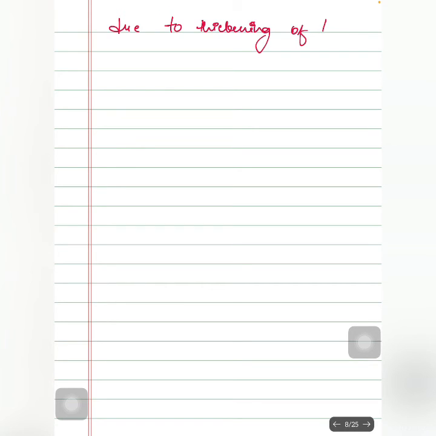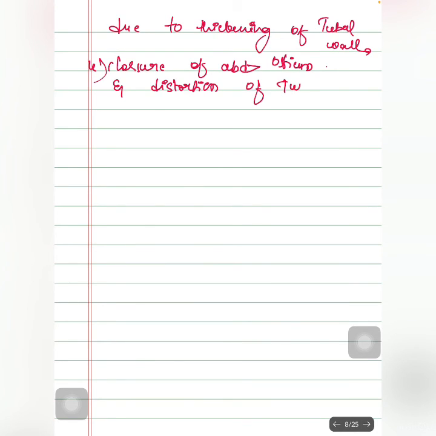And next we'll see closure of the abdominal ostium and distortion of the tube due to peritubal adhesions.